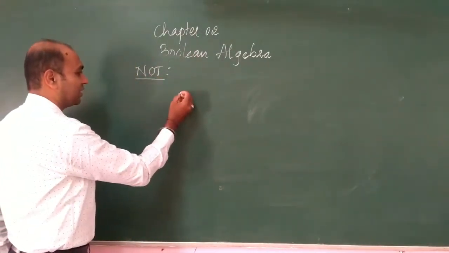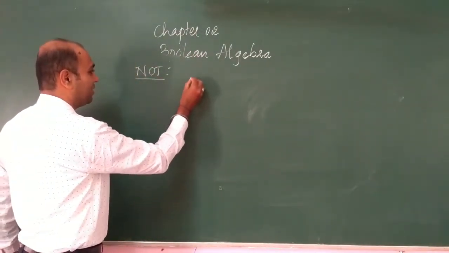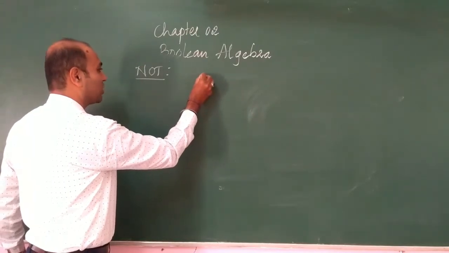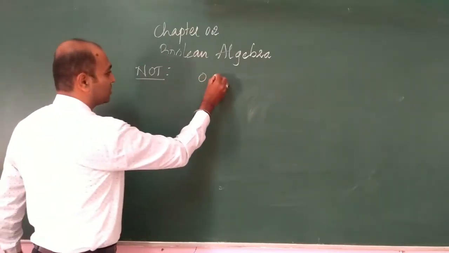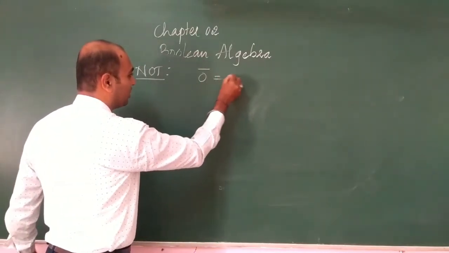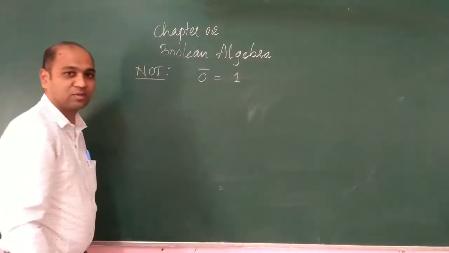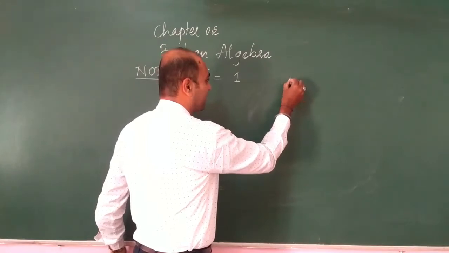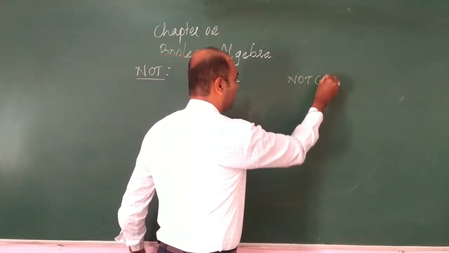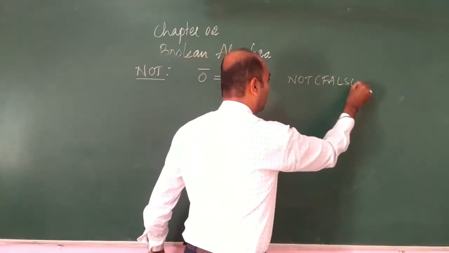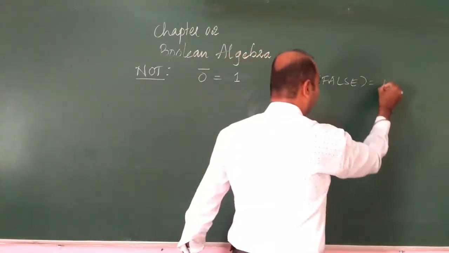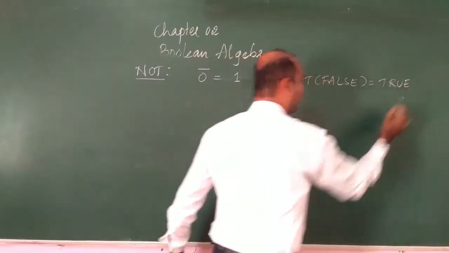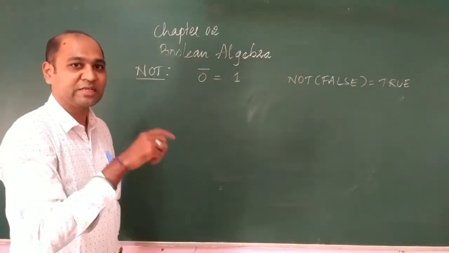Let us continue with the variable. For example, if I write the constant value 0, so 0 complementation gives me 1 because it represents not false. Not false gives me what? Not false is true. Correct? If it is not false, it is true.